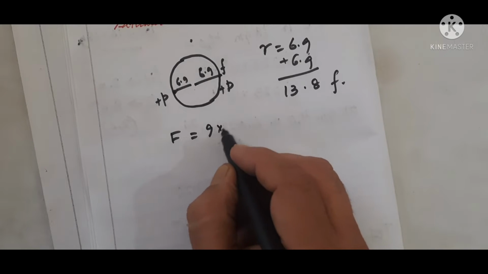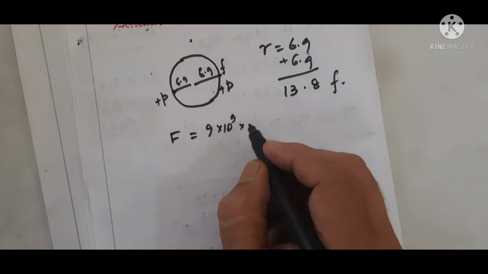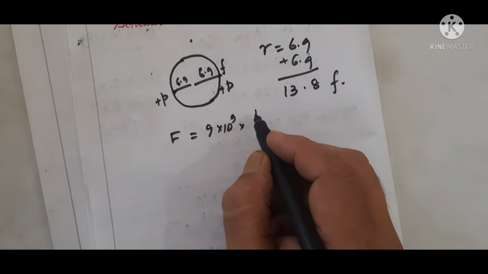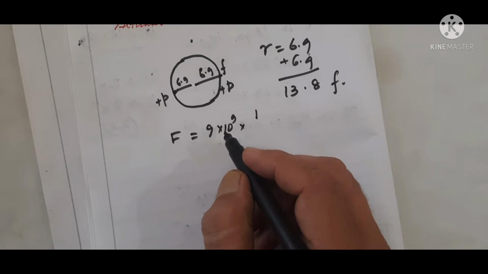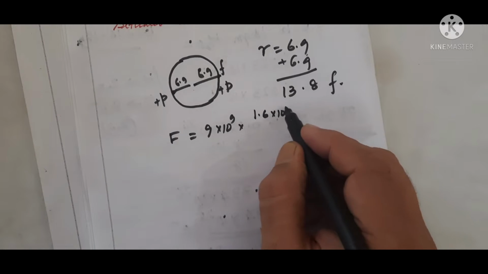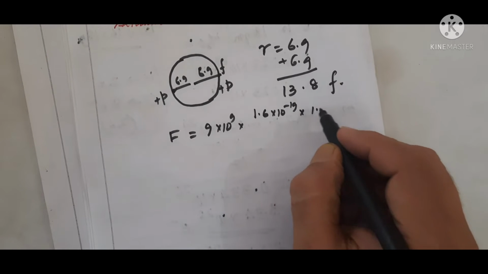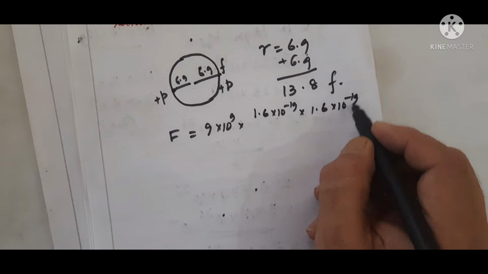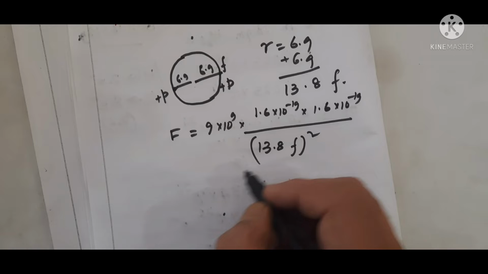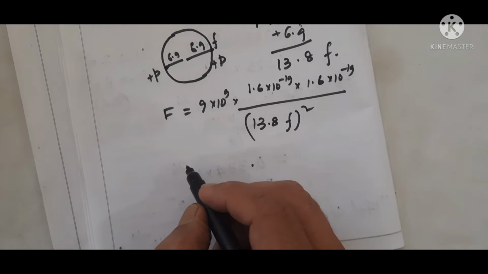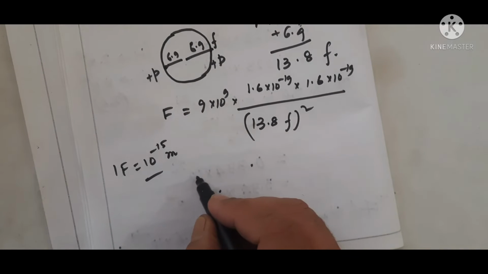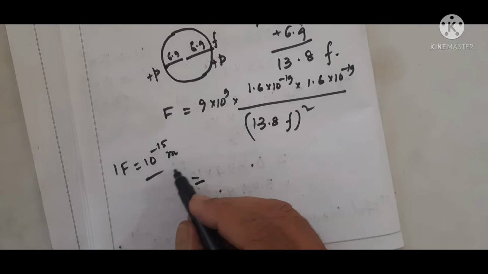So I am writing 9 into 10 to the power 9 in place of k, and q1 is your proton, which has an equal charge, the magnitude of the charge equal to the electron, that is 1.6 into 10 to the power minus 19, into 1.6 into 10 to the power minus 19, by the separation 13.8 Fermi whole square. 1 Fermi is equal to 10 to the minus 15 meter.